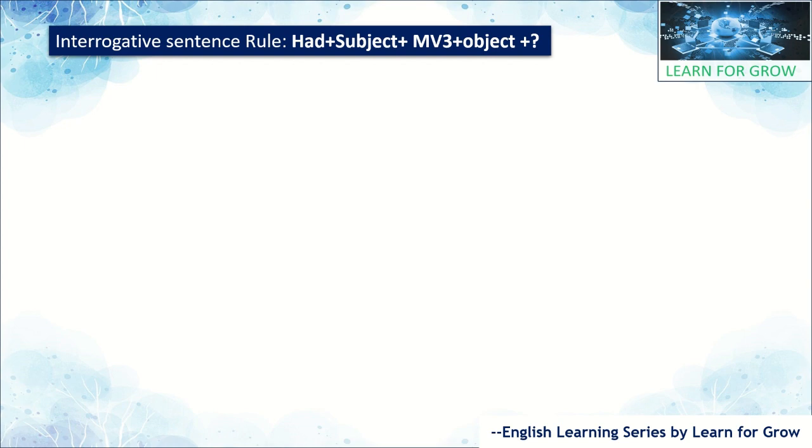The helping verb comes at the beginning. In affirmative the helping verb comes second, but here it comes first and the subject is second, after that main verb form 3, after that the object. Additionally, in an interrogative sentence we mention the question mark sign, because the nature of an interrogative sentence is asking questions or seeking information.